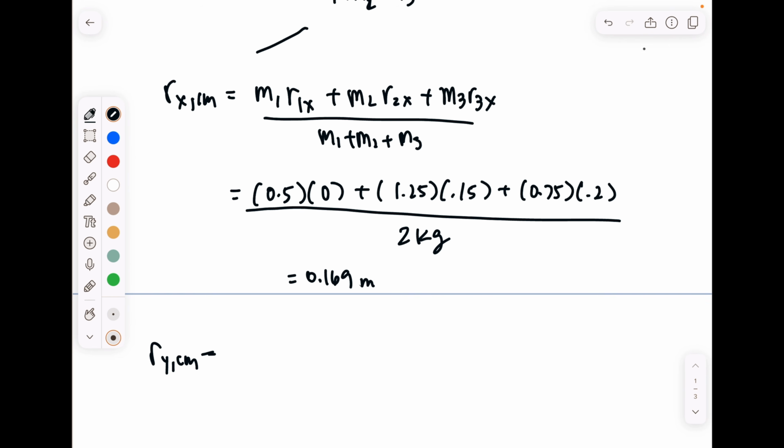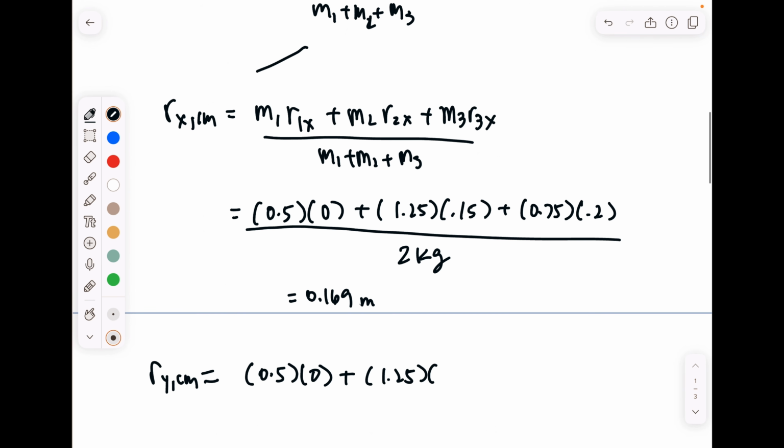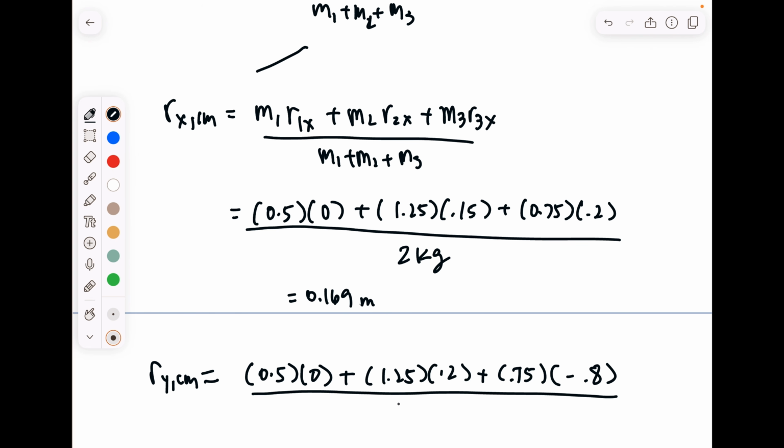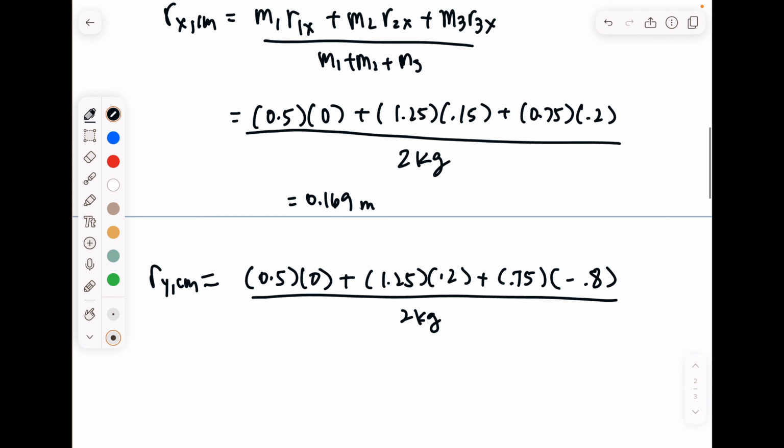So now we're going to do the same thing with the y coordinates. First mass, and the first y coordinate was 0. Second mass, and then the second y coordinate was 0.2. Third mass, and the third y coordinate was negative 0.8. So I'm just going to make sure we keep our negatives in there, right?